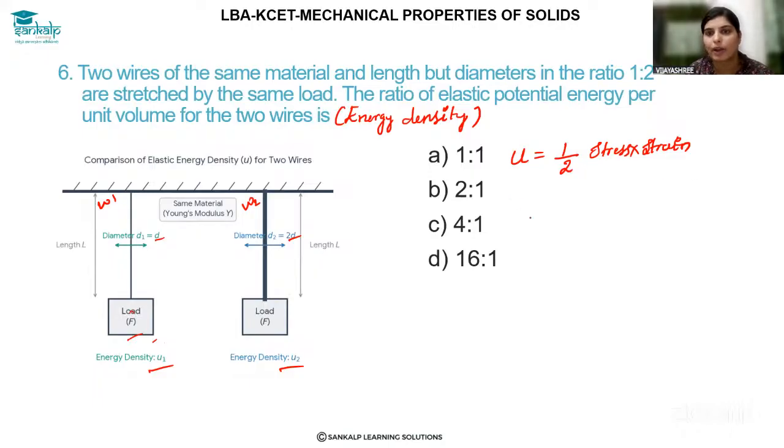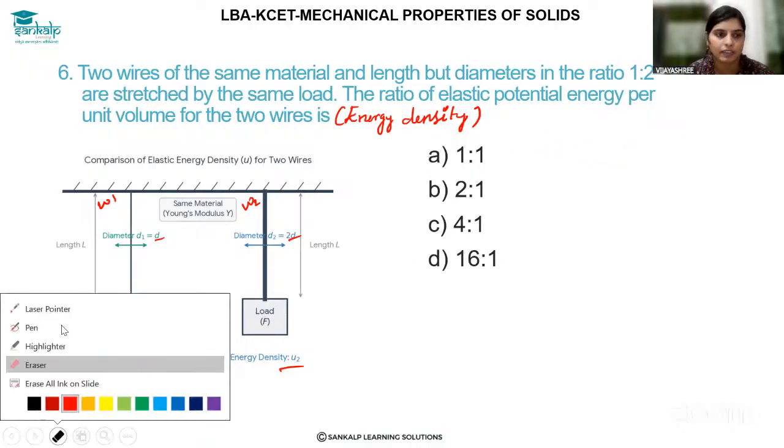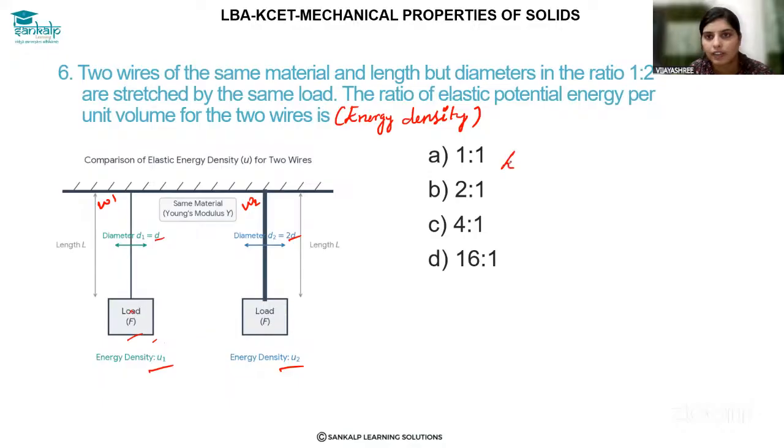According to Hooke's law, I will write in detail here. Energy density U is equal to half into stress into strain.